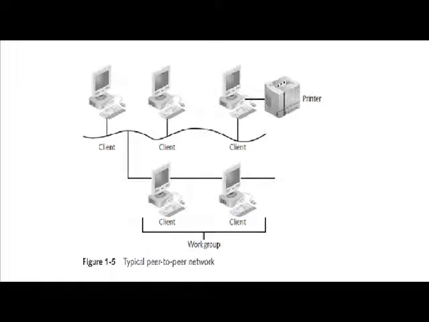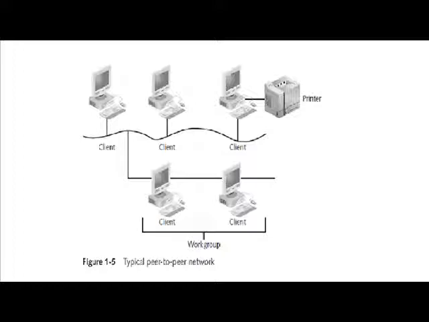There are basically two different types of networks, computer networks. The slide you're looking at now depicts the simplest of those, which is called a peer-to-peer network. Most of us are familiar with that in our homes, maybe in a very small business with not more than, say, 10 to 15 computers.